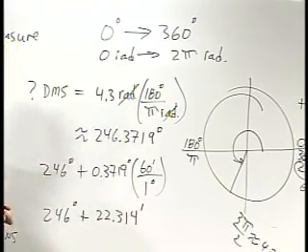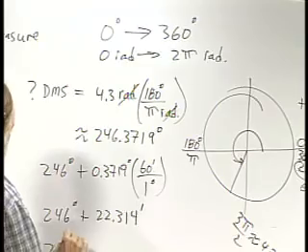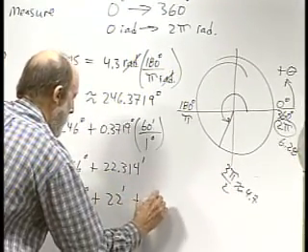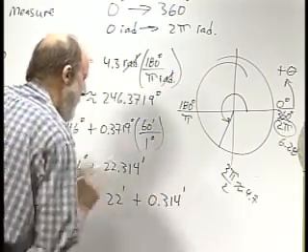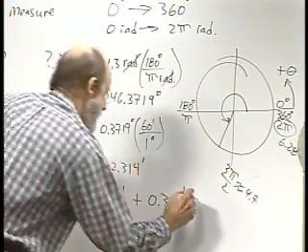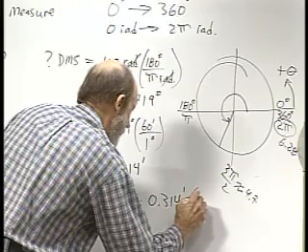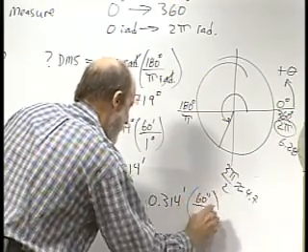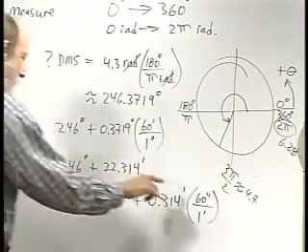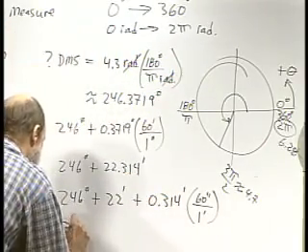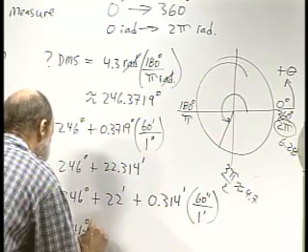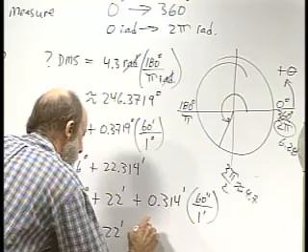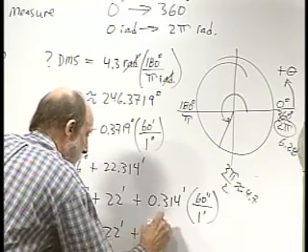That's minutes. So we take the 246 degrees plus 22 minutes, and we take the decimal portion of that. It's 18.84. Okay, good. In 1 minute of angle there are 60 seconds. 18.8, we'll round that to 19.